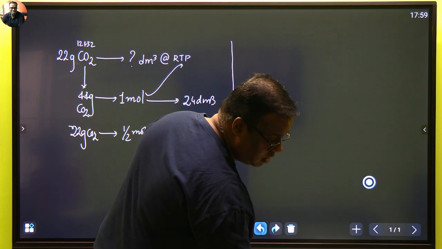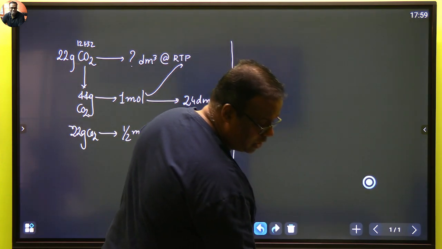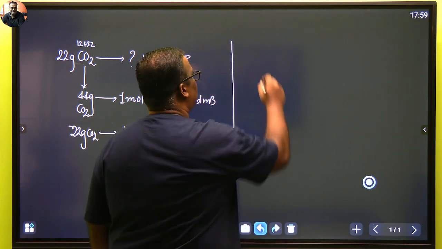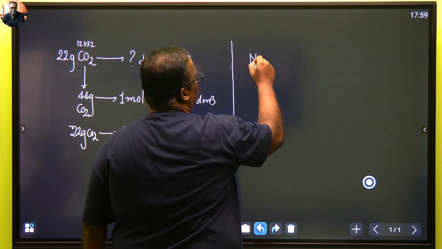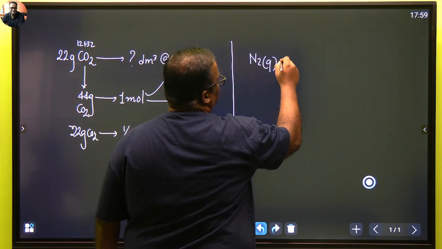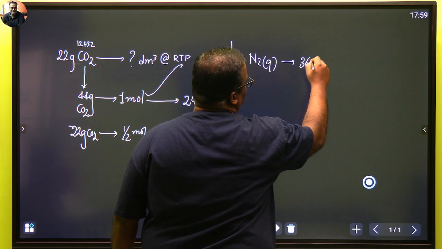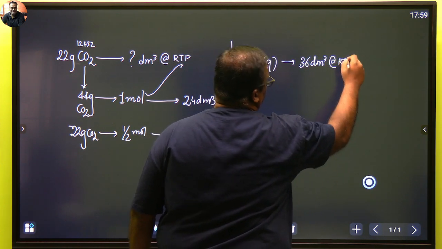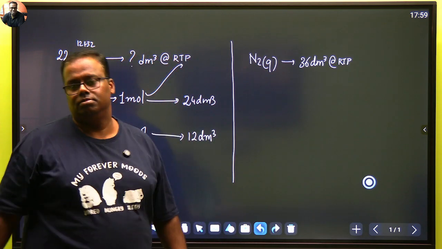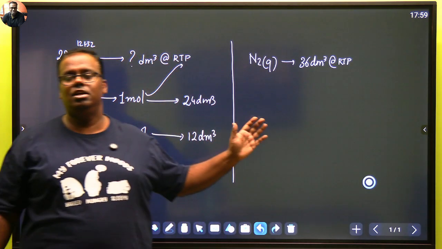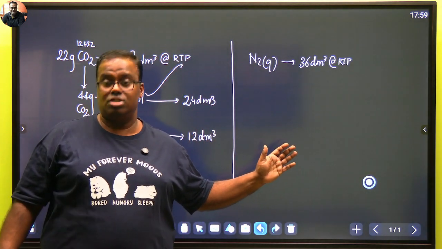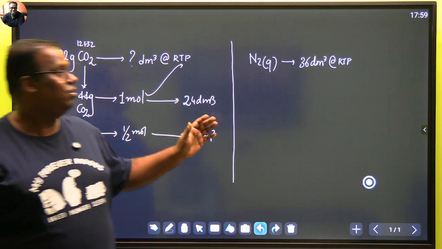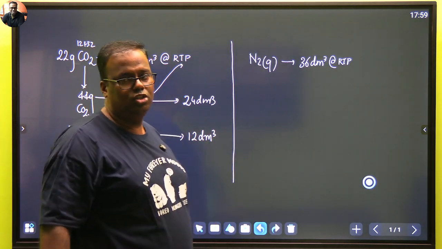Next one is calculate the mass of sample of nitrogen gas. I have got nitrogen gas, N2 as gas, and I have 36 dm cube at RTP. 36 dm cube of nitrogen. ठीक है? नाइट्रोजन को करो तो कितना रहता है? 14, and 14 का डबल करेंगे यहाँ पे, कितना हो गया? 28.